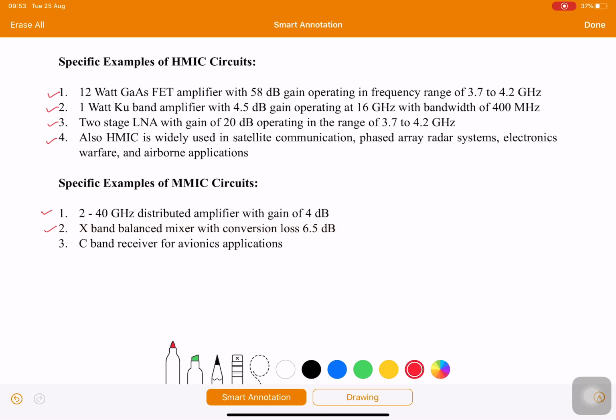And the best example of a monolithic microwave integrated circuit is the C band receiver in avionics application, which is constructed using MMIC technology. So these are the typical and specific example applications of hybrid and monolithic microwave integrated circuits.